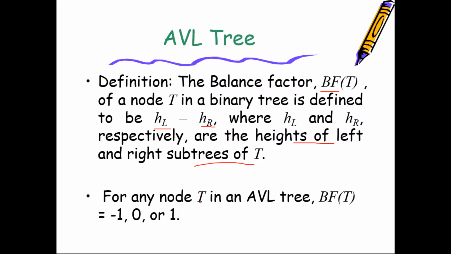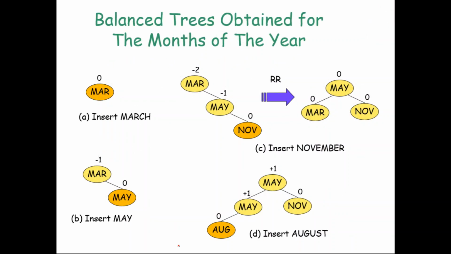So for any node T in an AVL tree, the balance factor should be -1, 0 or 1. As long as the balance factor is -1, 0 or 1 for all the nodes, the tree is balanced. If it is not, then it is an unbalanced tree, and you have to make it balanced. That is what we are going to discuss: if after performing an insertion the tree becomes unbalanced, how will you make it balanced?